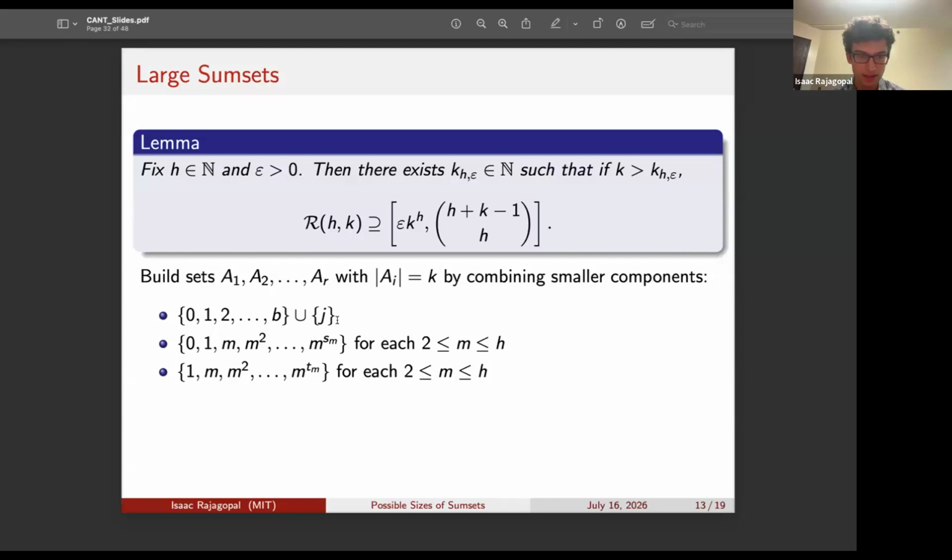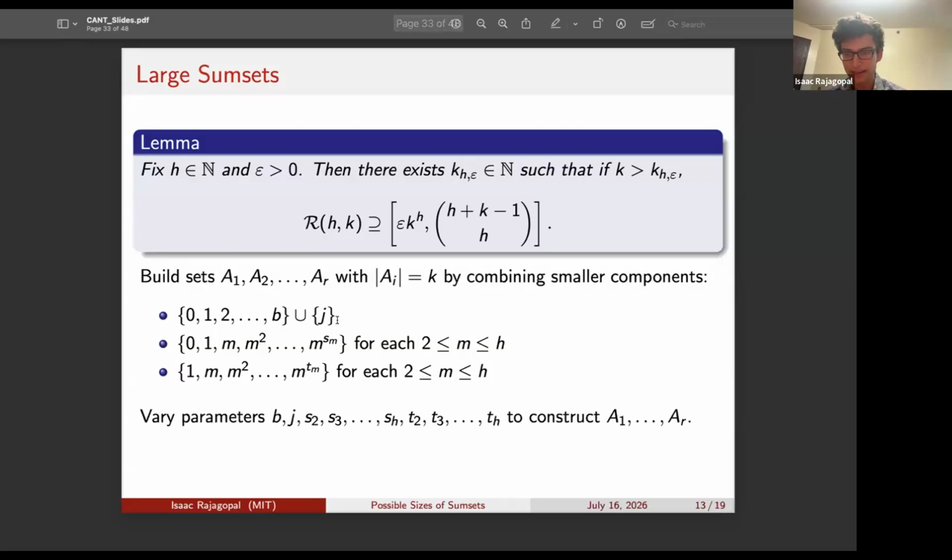And these behave a little bit differently. Then the way I construct these sets A is I combine all these components and I vary all of these parameters, B, J, S2, S3 up to SH, and T2, T3 up to TH. So we vary the sizes of the geometric series and the sizes of the arithmetic progression.